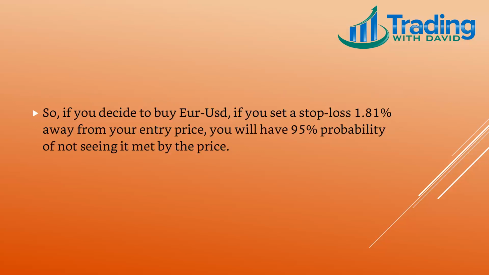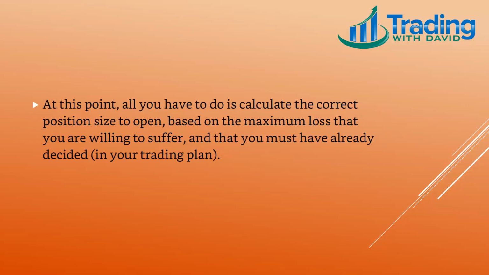So, if you decide to buy Euro US dollar and you set a stop loss 1.81% away from your entry price, you will have a 95% probability of not seeing it met by the price. At this point, all you have to do is calculate the correct position size to open, based on the maximum loss that you are willing to suffer, and that you must have already decided in your trading plan.